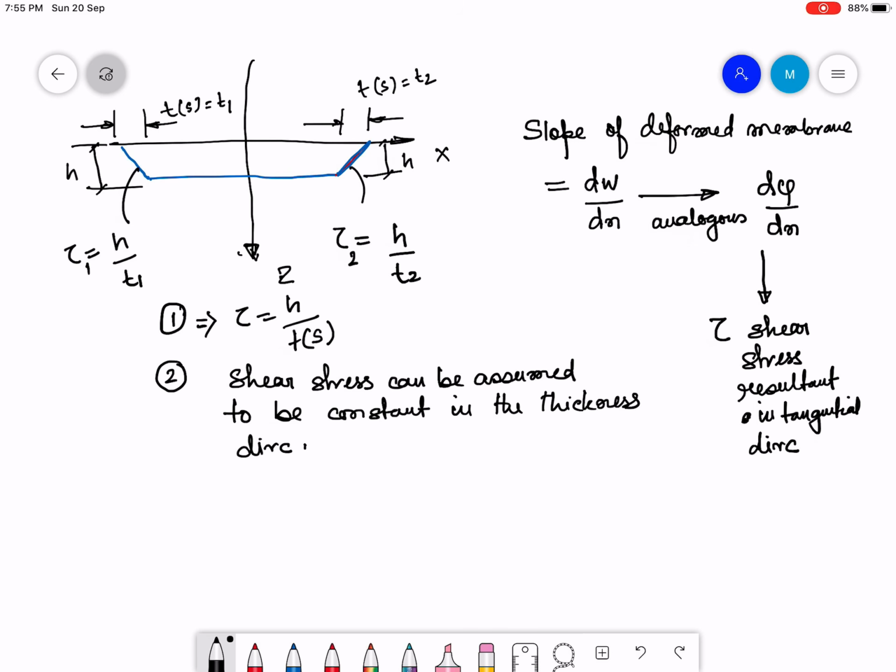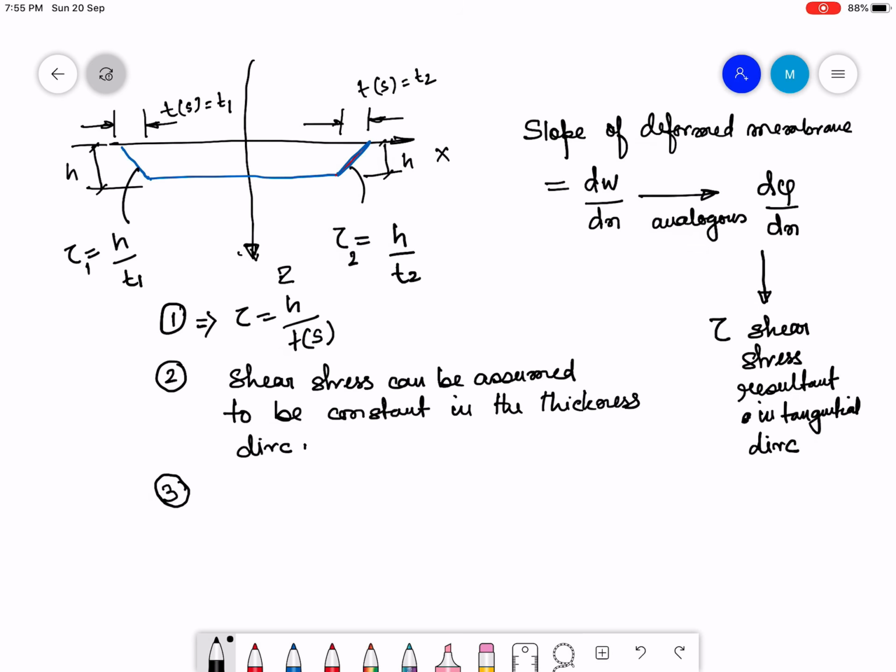Okay, now let us see the third point that we derive from this analogy. So we know that the torque applied to the shaft from membrane analogy can be equated to twice the volume enclosed by the deformed membrane with the xy plane, right?